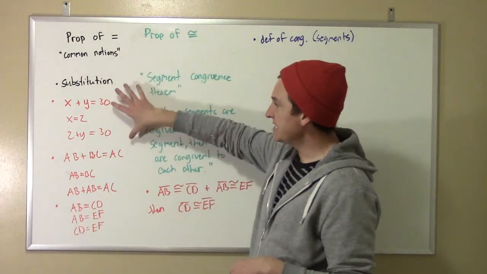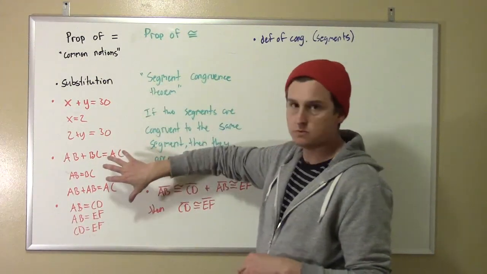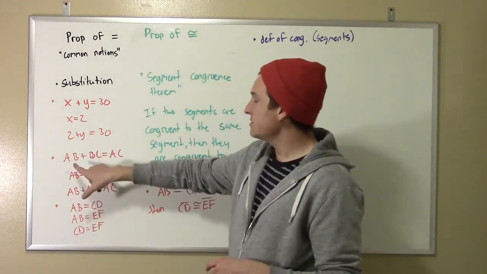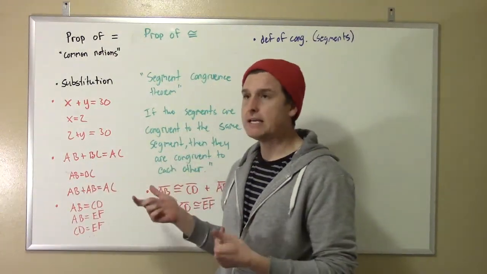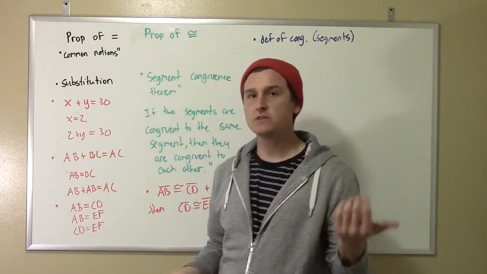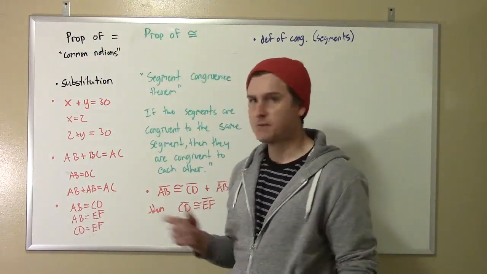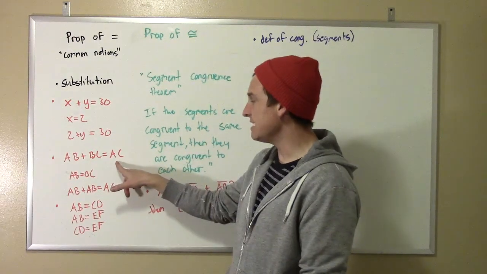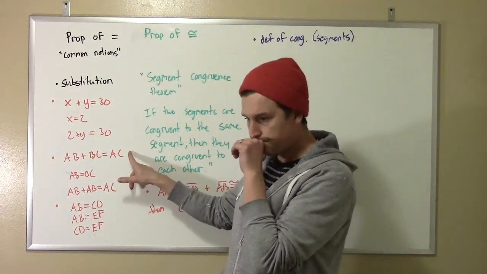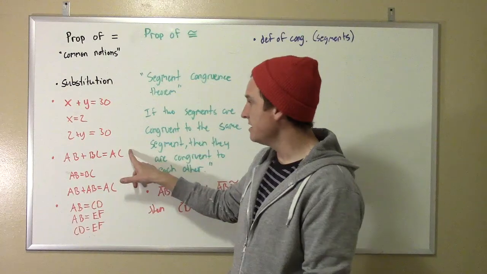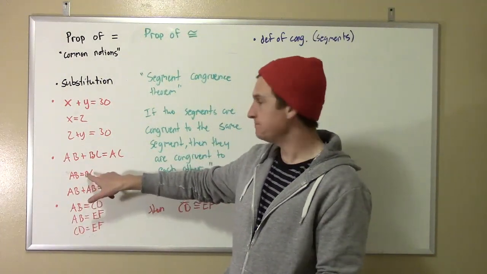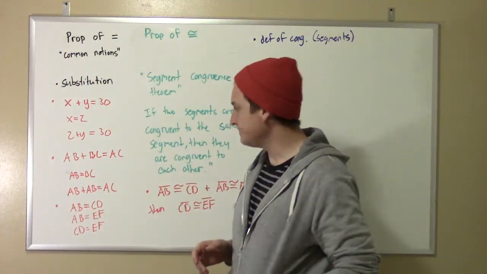Now, if we take a statement like this and turn it into segment measurements, it would look something like this. We actually used this already in one of the proofs that we did last week with a midpoint. If AB plus BC equals AC, we would get that from the segment addition postulate. But then we knew that AB and BC were actually equal because B was the midpoint of AC.